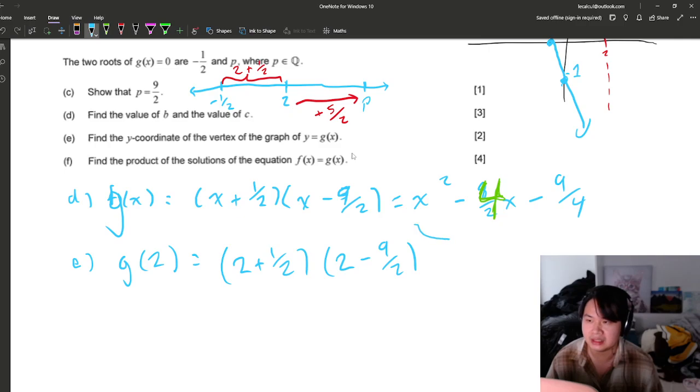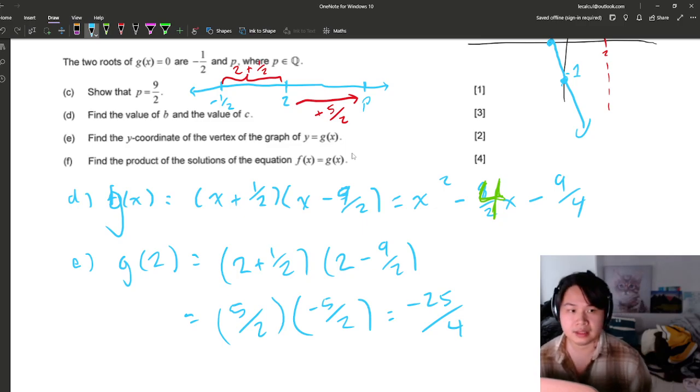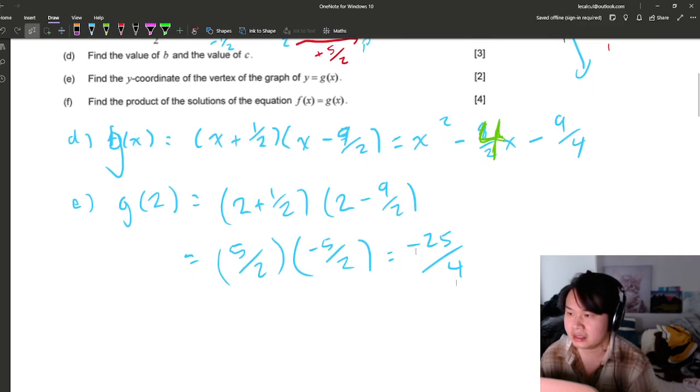You could plug it into this one as well, but they are the same thing. So here is the y-coordinate of your vertex.